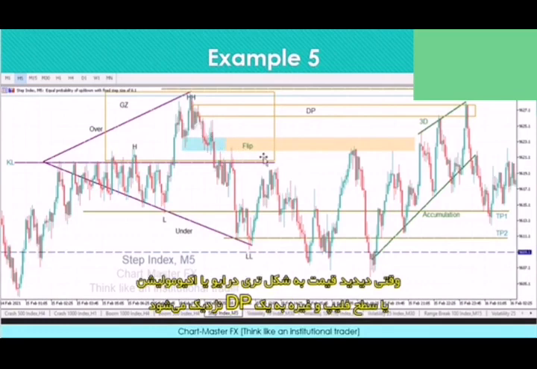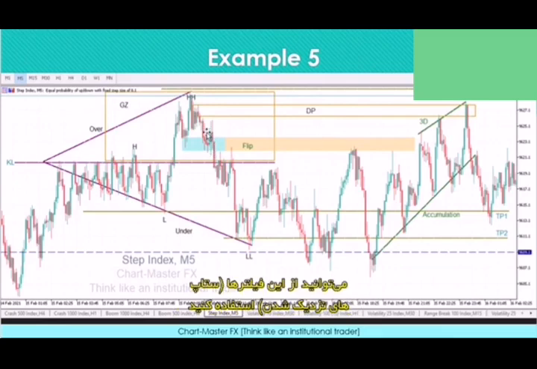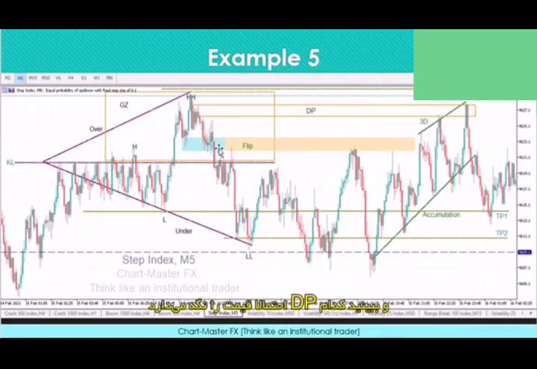Once you see that a certain decision point is approached, maybe in a 3D or in accumulation or in the form of a flippy, then you can know that that one is the true decision point. And also, once you see a decision point that is a W Maru, as we discussed in the W Maru journal, you can also use some of those characteristics to filter and see which decision point is more likely to hold the price.